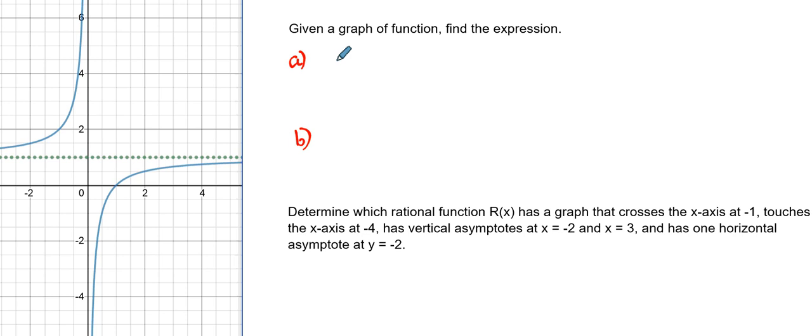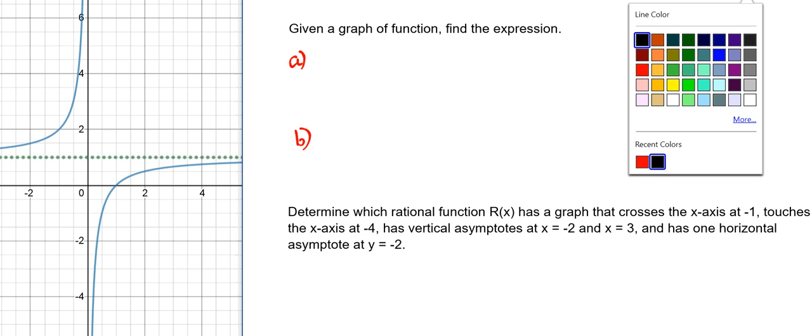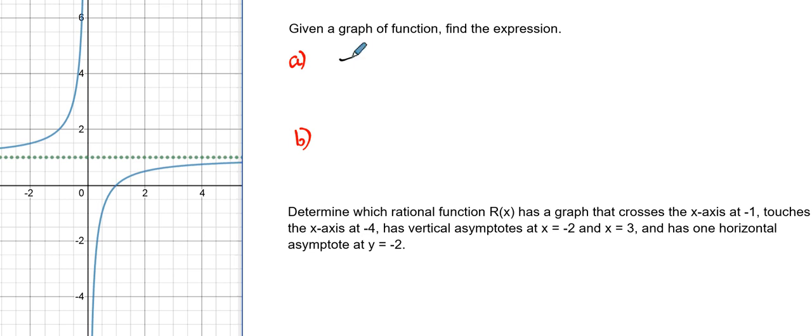I like to choose the black color. That will be f of x. We first flip it and then add 1 on that. That will be the graph of this picture.